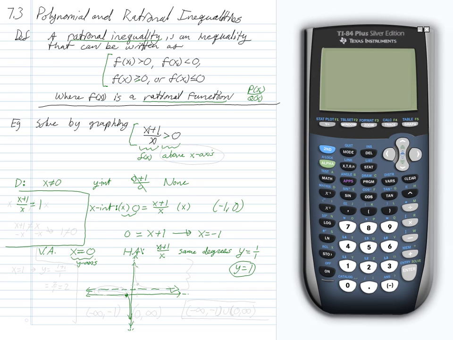So if I multiply both sides by x, I get x plus 1 equals x. And if I subtract an x from both sides, I see that this implies that 1 equals 0, which is obviously nonsense. That is false, which means that our function never crosses its horizontal asymptote, and we can continue our trajectory.